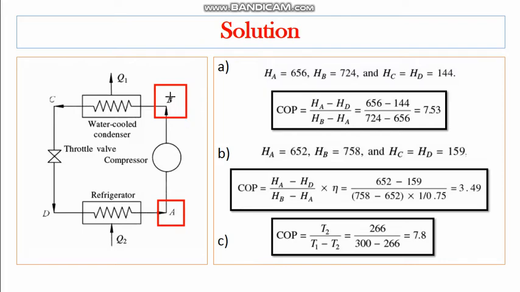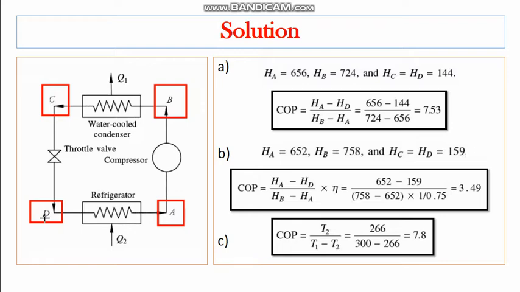When the superheated vapor gets into the condenser, it comes out as a saturated liquid. The same output is here also. So A is always the saturated vapor, B is the superheated vapor, and C is the liquid. D is also a liquid.